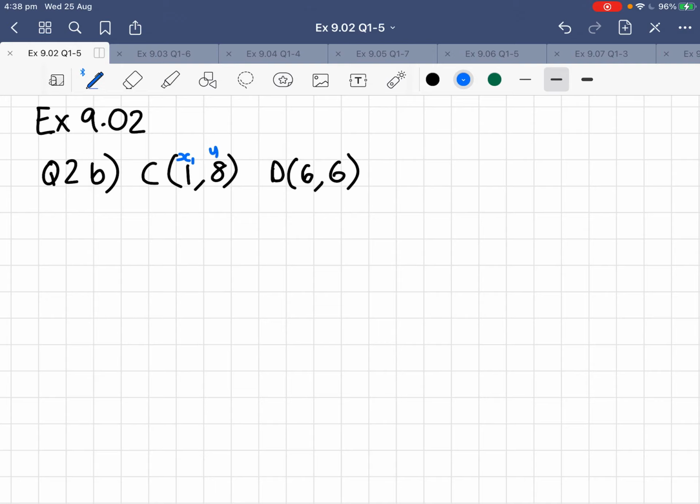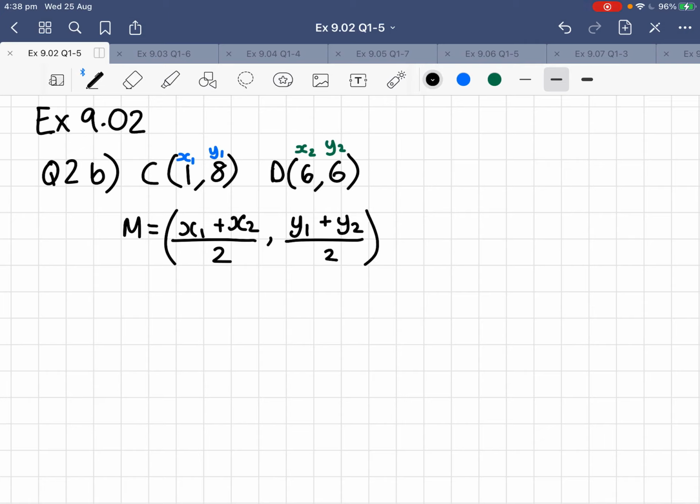So we have C is going to be our first point, so it has coordinates x1, y1, and D has coordinates x2, y2.